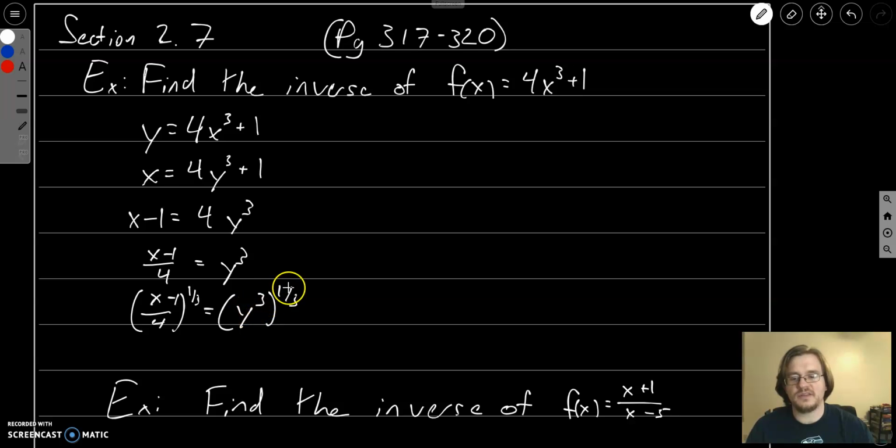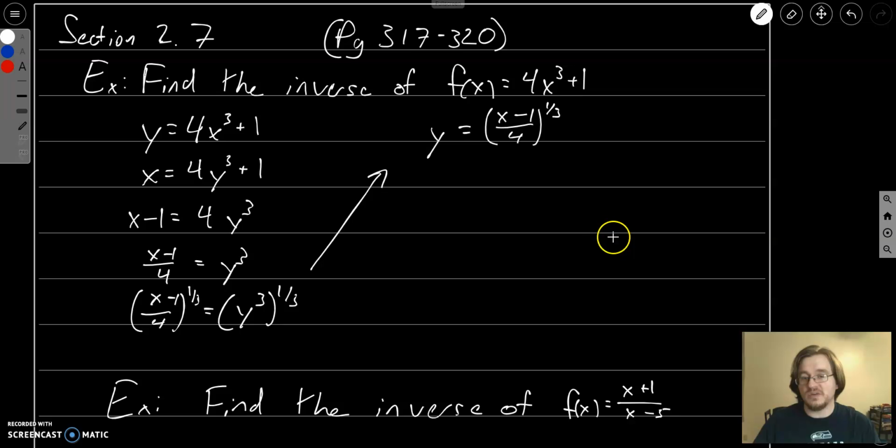And y to the third power to the 1/3 power, we multiply powers, and this is just going to end up being y. And this other side is just going to be x minus 1 divided by 4 to the 1/3 power.